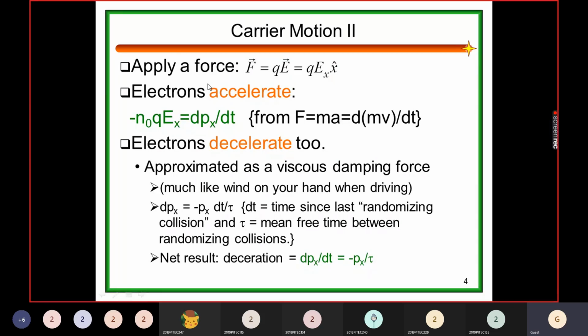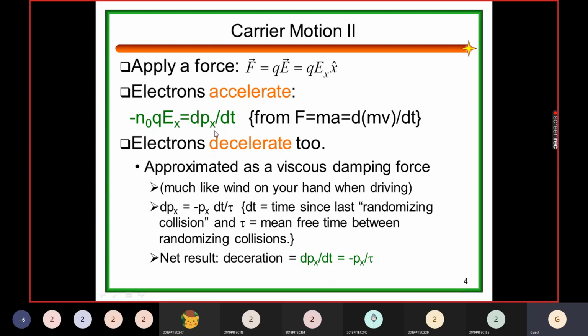Now after applying the force, automatically the electrons are going to get accelerated. That's why you are getting this equation as minus N naught into Q into Ex. That means at the N side, the electrons are passing from the negative to the positive side. That's why N naught into Q into Ex will be differentiated with respect to the time period dt.